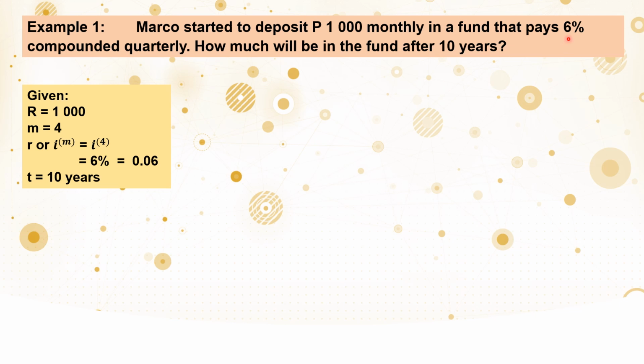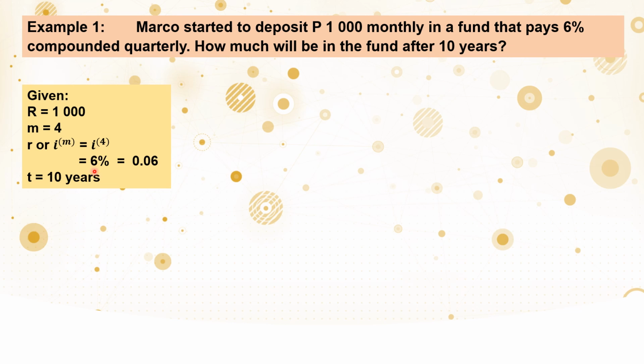And the interest rate compounded quarterly is 6%. So, I raised to M, our M is 4, so I raised to 4, or the interest rate compounded quarterly, is 6%. And 6% must be written into decimal.